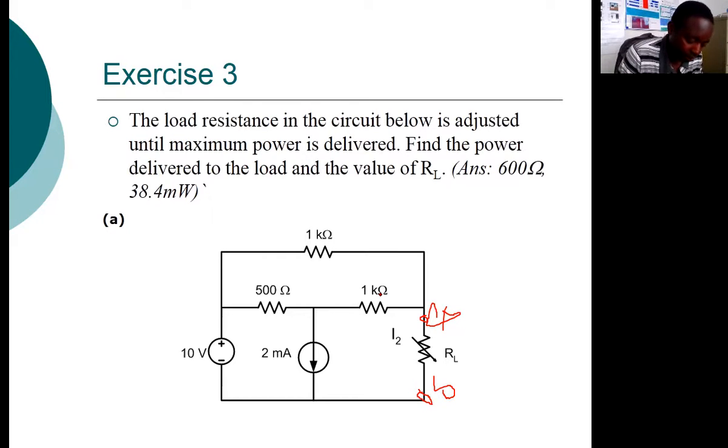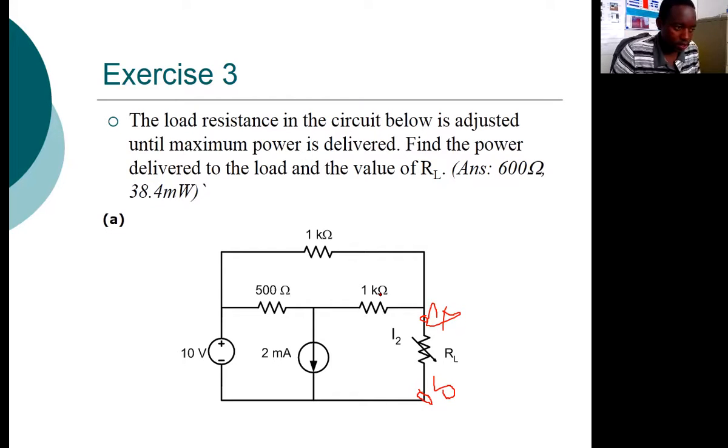So in other words, the current, let me find another color so that when I show you, we'll see the difference. Our currents will come like this, branches into those two portions, then it will come back through that loop.